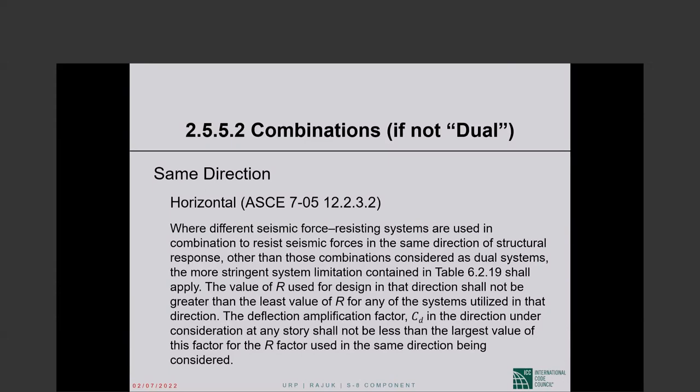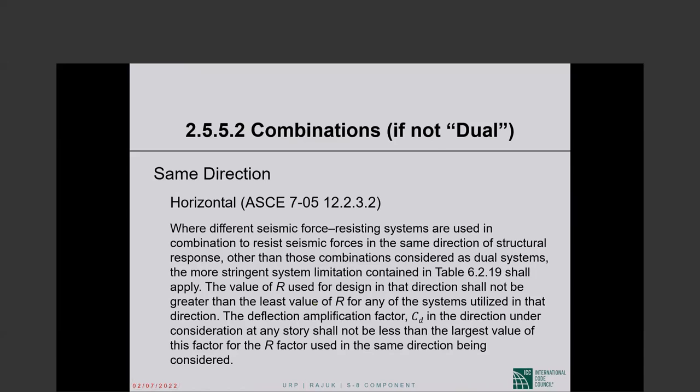So the first is horizontal combination of structural systems in the same horizontal direction, where different seismic force resisting systems are used in combination to resist seismic forces in the same direction, unless it is a dual system. The value of R used for design in that direction shall not be greater than the least value of R of any of the systems utilized in that direction.